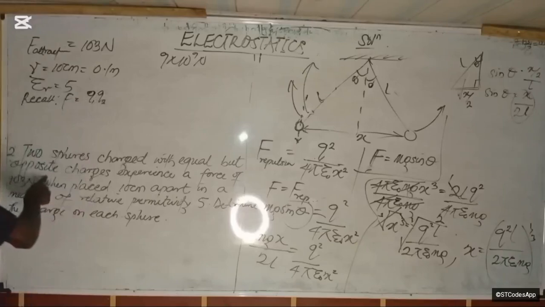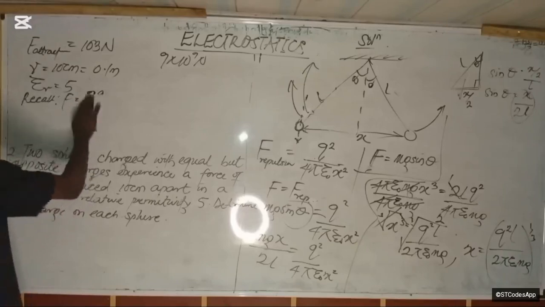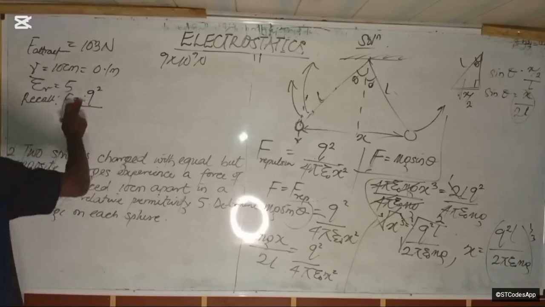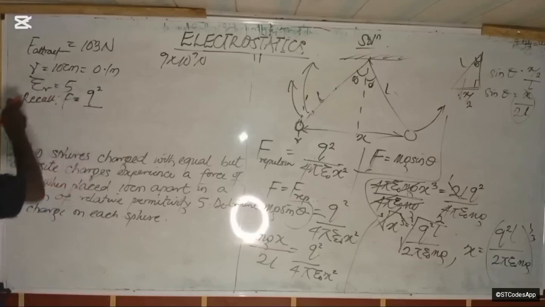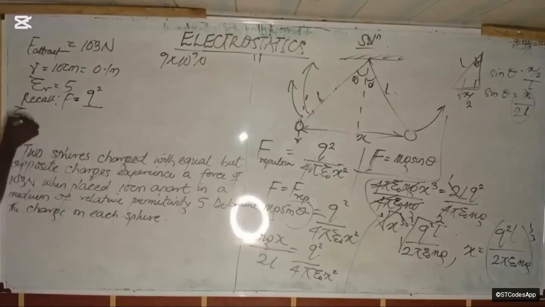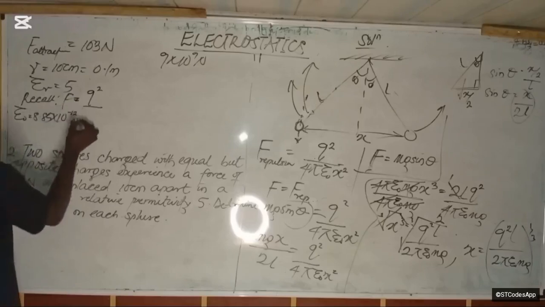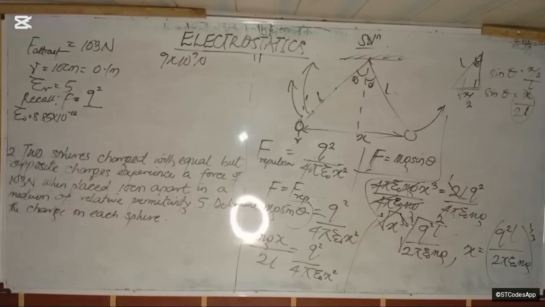Since the charges are equal but opposite, we can just say Q squared over, no, we're not using K here now. We're using epsilon naught, which is 8.85 times 10 raised to the power minus 12. I didn't give the unit of that one, but you can already use the mathematical relationship to get it.